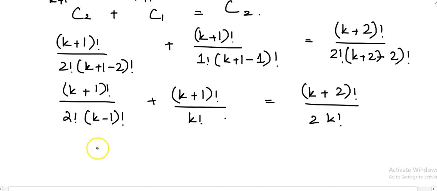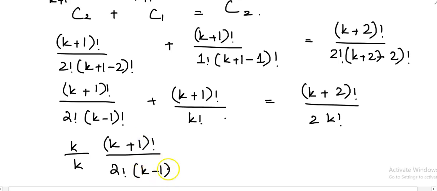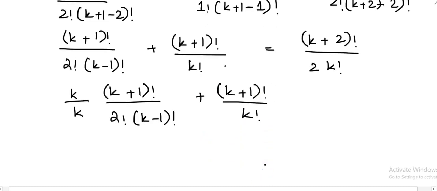Now what I need to do is make the denominators the same. How can we make the denominators the same? If I multiply k in the numerator and in the denominator, I'm left with k plus 1 factorial, which is already there, and then 2 factorial into k minus 1 factorial, and then plus k plus 1 factorial divided by k factorial, right?